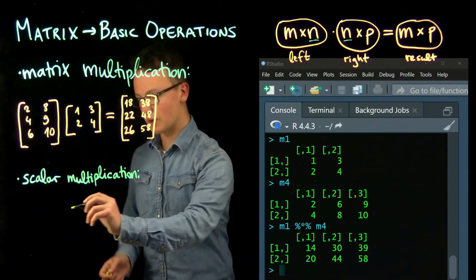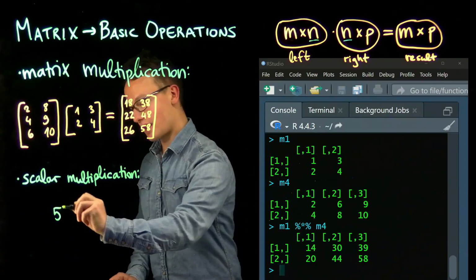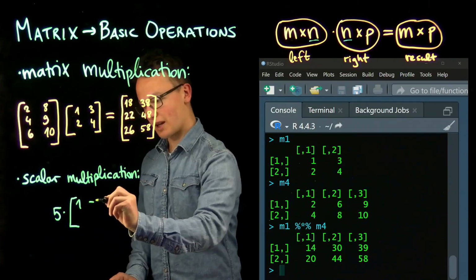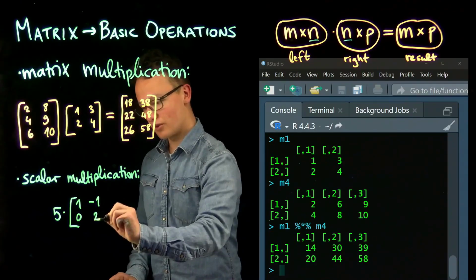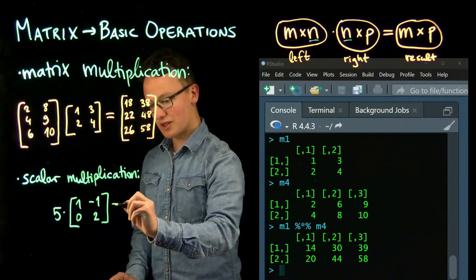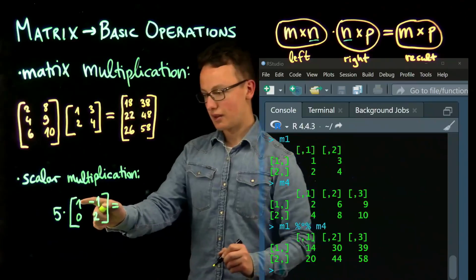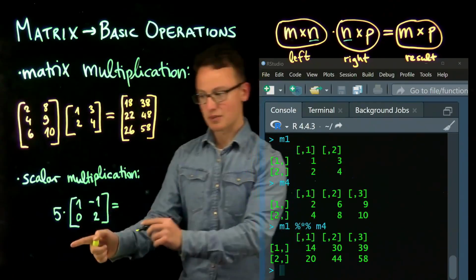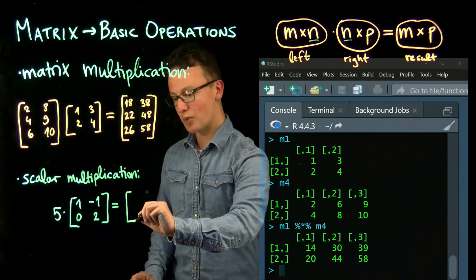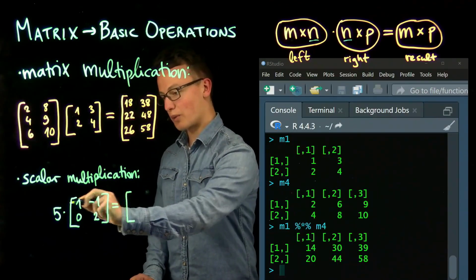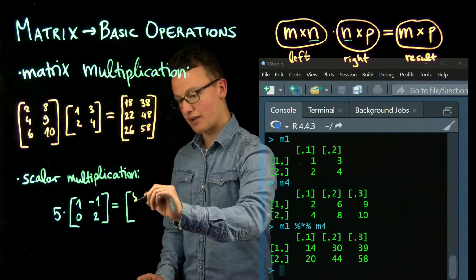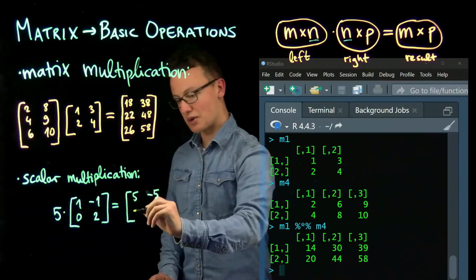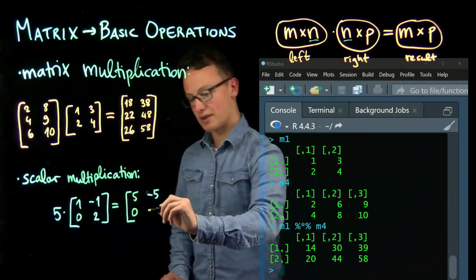For example, we could have 5 as a scalar, and if we multiply this with the matrix 1, minus 1, 0, 2, then the result will just be each element of this matrix multiplied with 5, with the same dimensions as we had before. So the result will still be a 2 by 2, but now instead of 1 we will have 1 times 5, so 5 here. Instead of minus 1 we'll have minus 5, and here 0 stays the same, and 2 times 5 is 10.